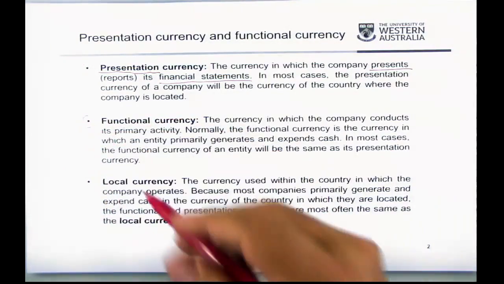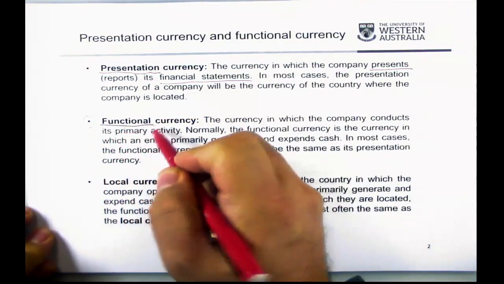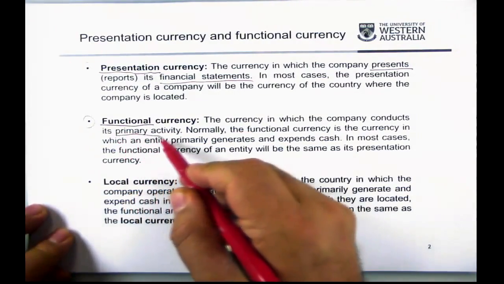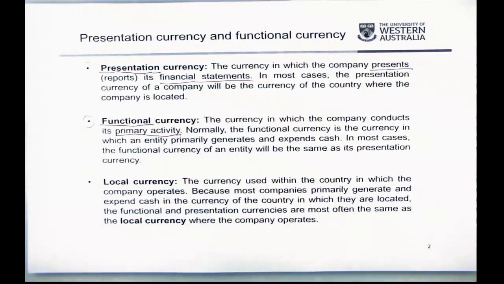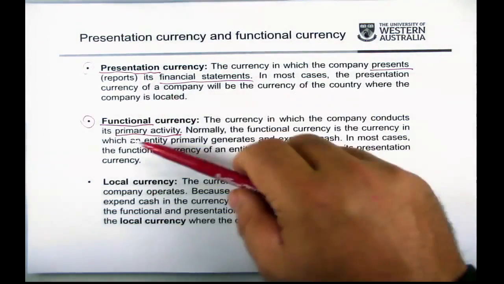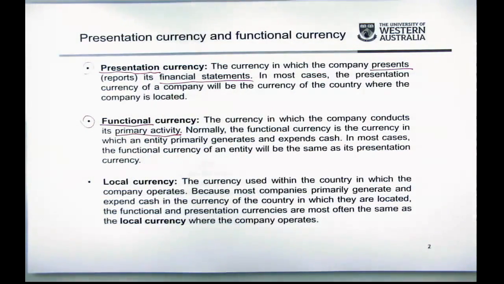Functional currency, again, the word functional is a keyword. It is the currency in which the company conducts its primary activity. In most cases, the presentation currency and the functional currency would be the same.